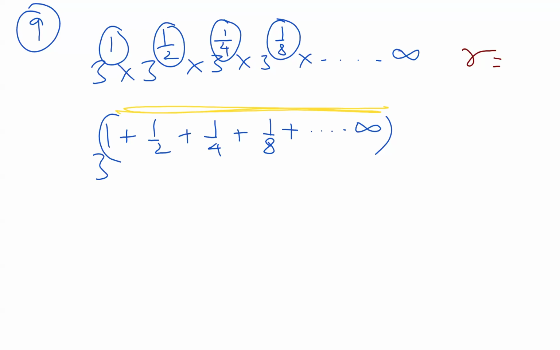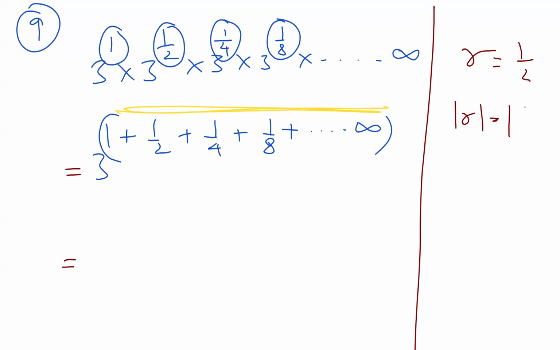If yes, then tell me the value of R. R is equal to half. Correct. We are only discussing the power term. Base is 3, we have nothing to do with that 3. Now modulus of R is modulus of half, which is equal to half. Modulus of R is less than 1.